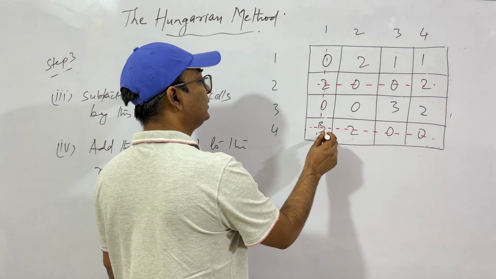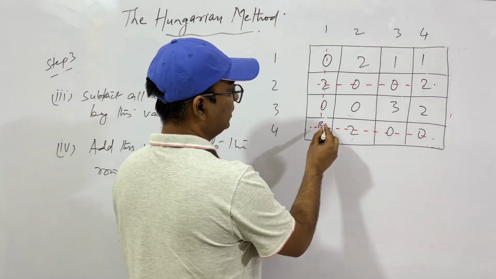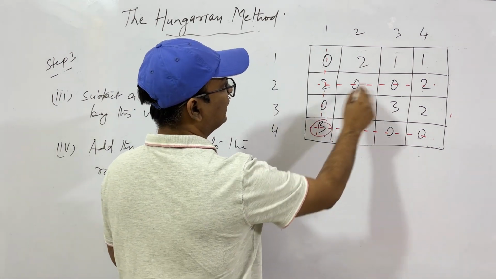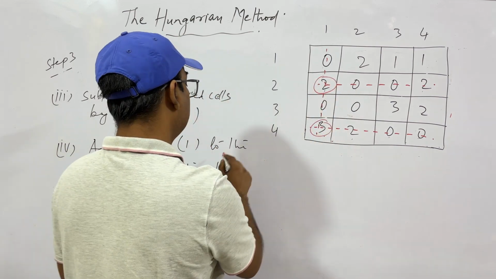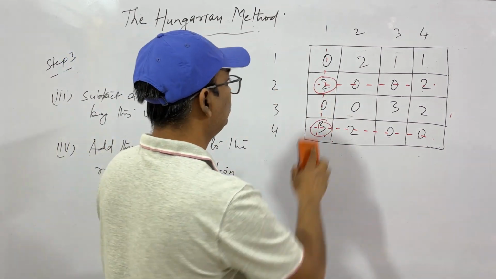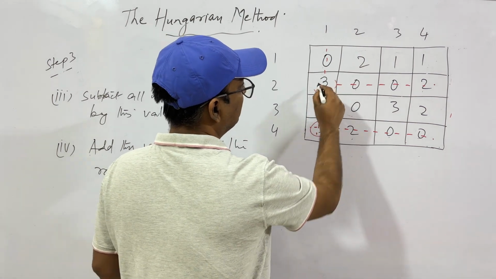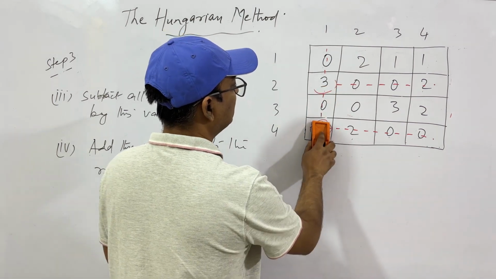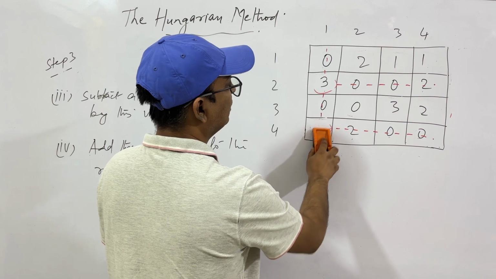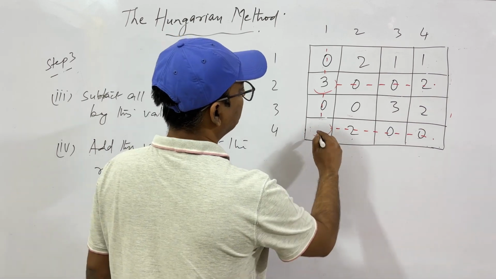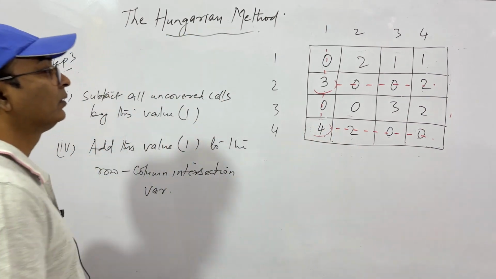See, this one is a row and column intersection, and this one. So we'll add this value 1 to these two. So 2 becomes 3 and 3 becomes 4. Okay.